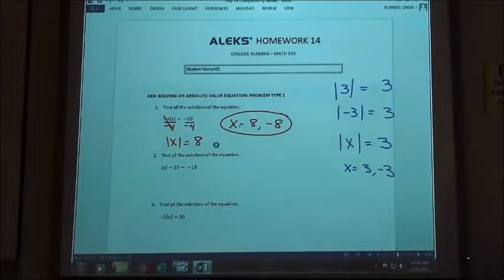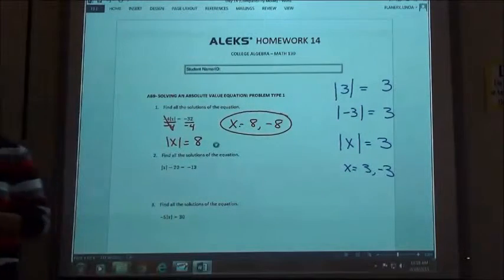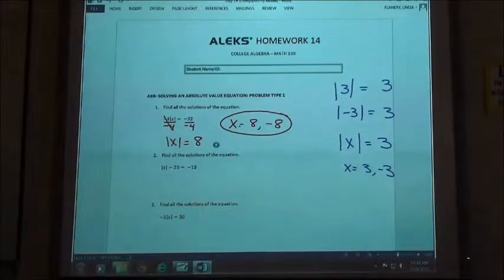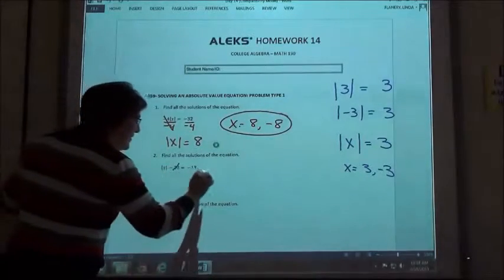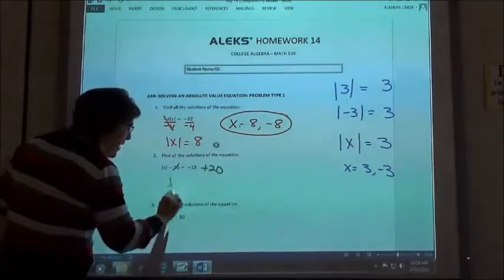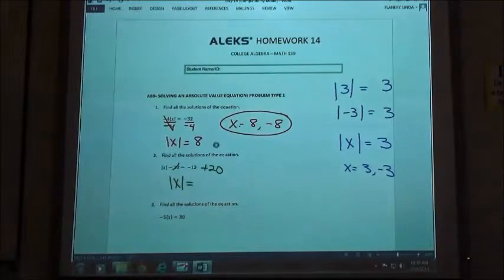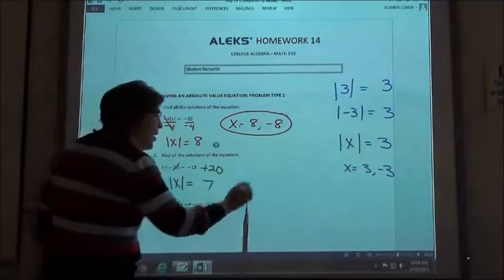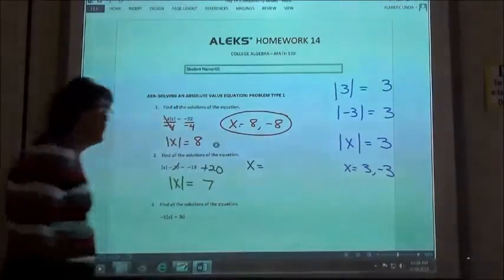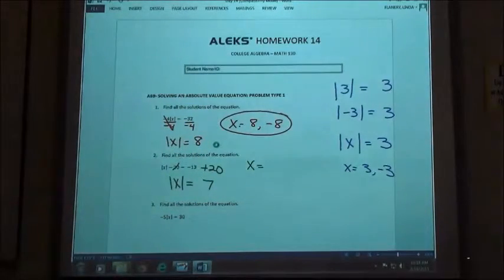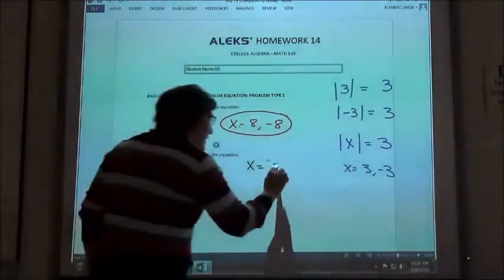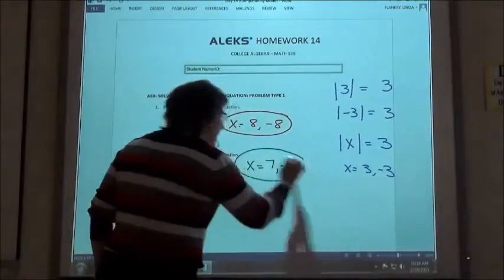How do I move the 20 to the other side? You make it positive. I make it plus 20, exactly. So the absolute value of x is going to equal 7, which means what numbers are 7 places from 0? 7 and negative 7, exactly. I got 2 answers.